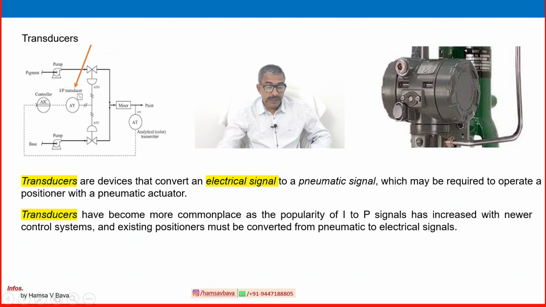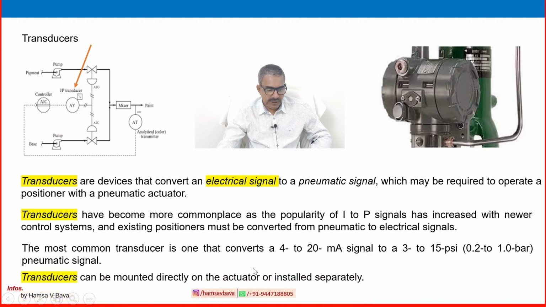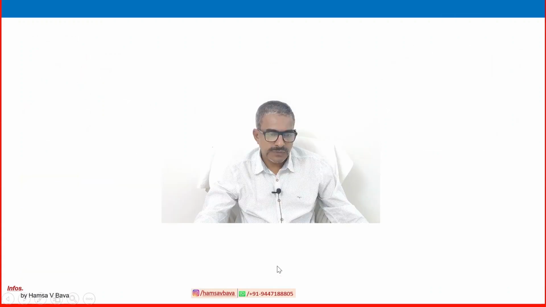If you have a chance to review the P and ID and do a field visit, please have a look at the transducer and positioner and understand the features we have discussed here. The most common transducer is one that converts 4 to 20 milliamps to a 3 to 15 psi pneumatic signal. Transducers can be mounted directly on the actuator or installed separately.